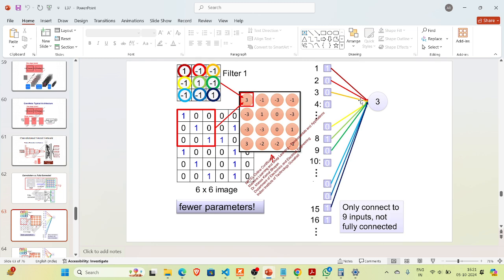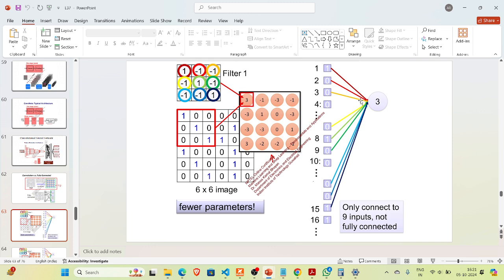As you can see, this filter, when applied repeatedly, produces this feature map. It is only connected to 9 input pixels of the image, not to all the pixels.